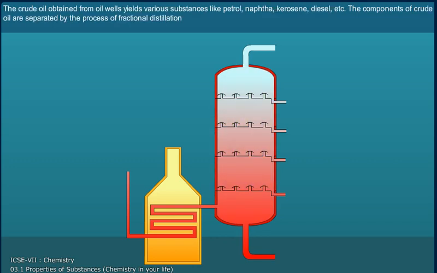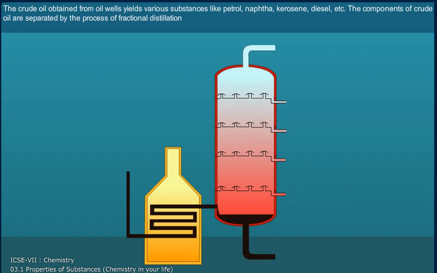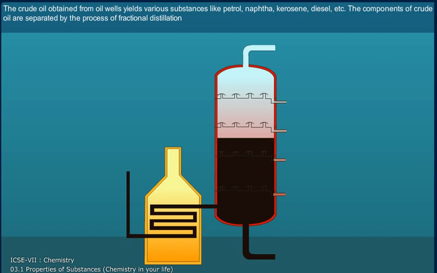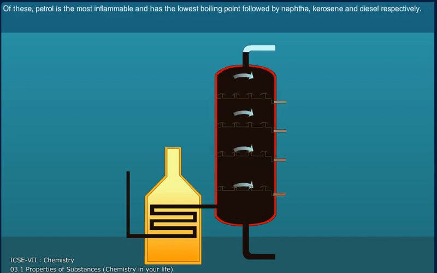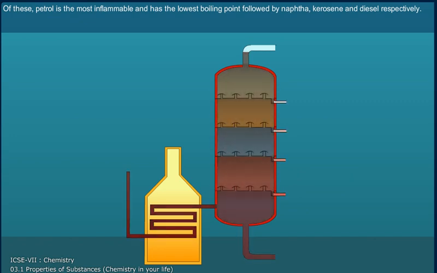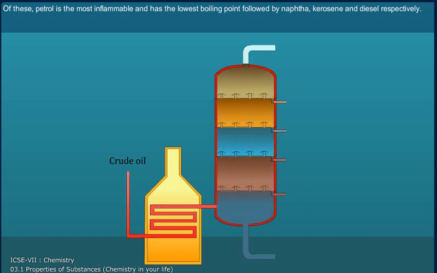The crude oil obtained from oil wells yields various substances like petrol, naphtha, kerosene, diesel, etc. The components of crude oil are separated by the process of fractional distillation. Of these, petrol is the most inflammable and has the lowest boiling point, followed by naphtha, kerosene, and diesel respectively.